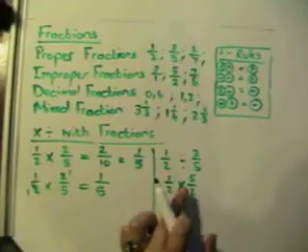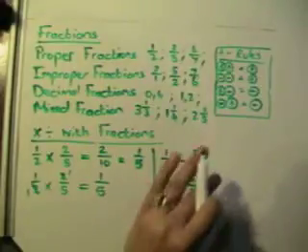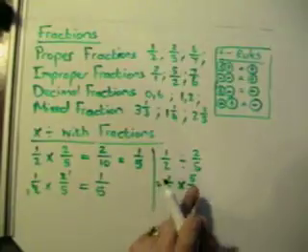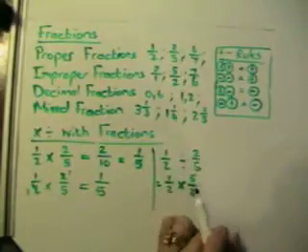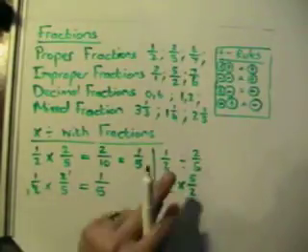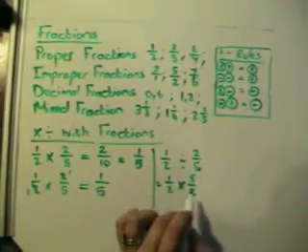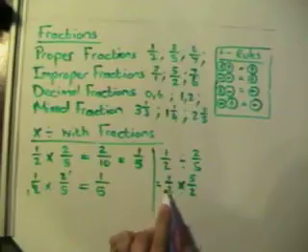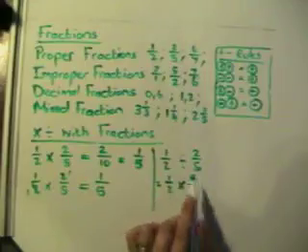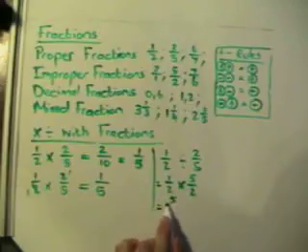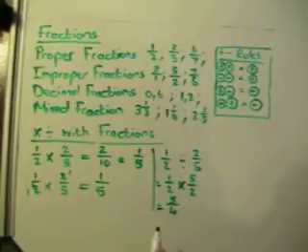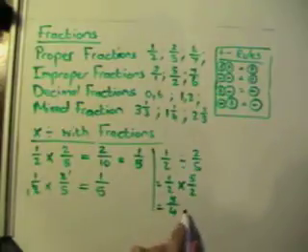So I've changed the division into multiplication, and then I just use the reciprocal of the second fraction. Reciprocal means I swap the denominator and the numerators with one another. Right, and then I can multiply. So I multiply the numerator with the numerator and the denominator with the denominator, giving me 5/4.